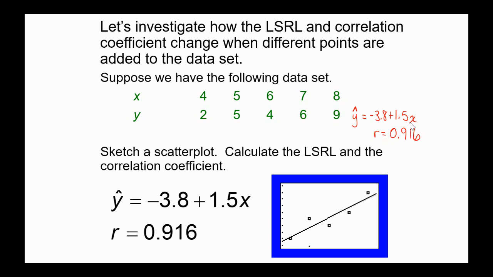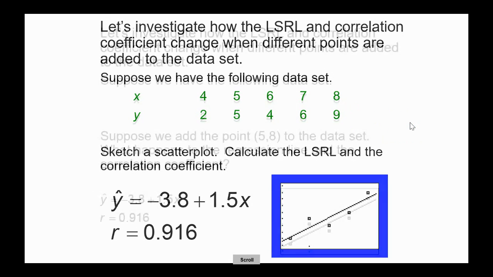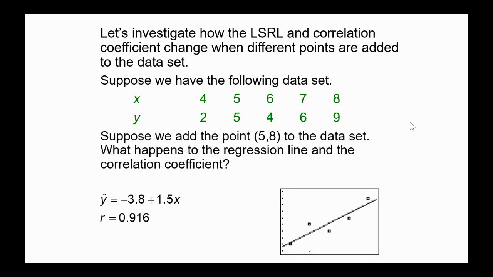Keep your same data, but below it add an extra point where X is 5 and Y is 8, and get the regression and correlation.